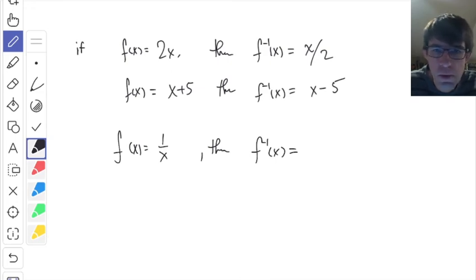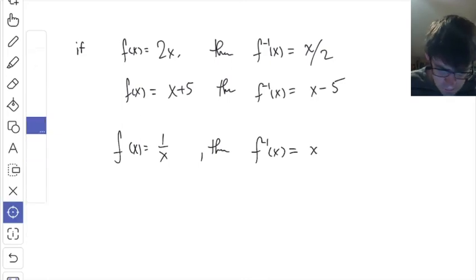Multiply by x. You just multiply by x. So how would I write that? f inverse of x equals x? Yeah. This is actually not quite right though, because this function says divide by x. This function says you start with x, you get x again.